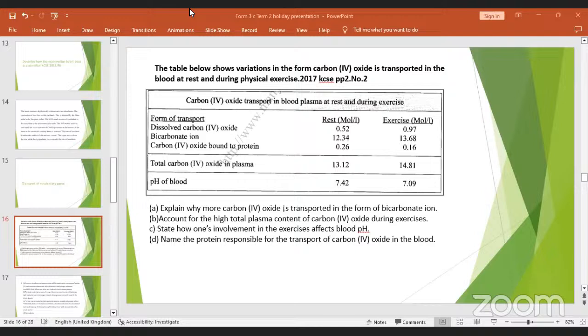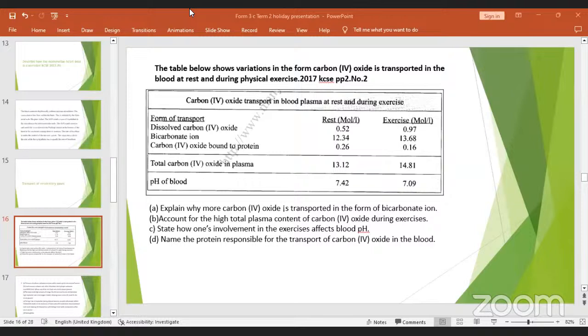Exercise is 7.09. The pH is lowering a bit. Acidity is increasing, as you can see, because you know the pH line. I hope we are getting the question. Have we read the table and understood the table? I want us to understand the table first. That is the most important thing when you're doing a diagrammatic question. Can we go to the questions?